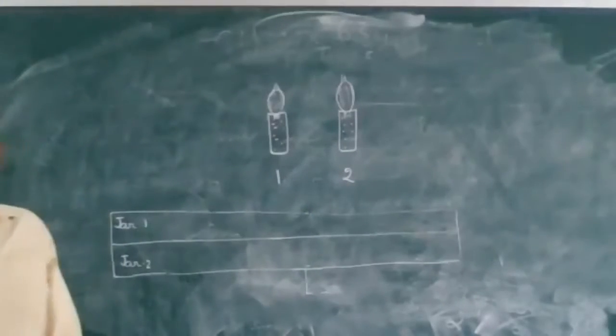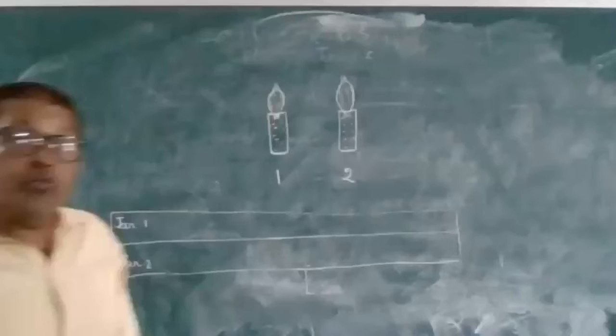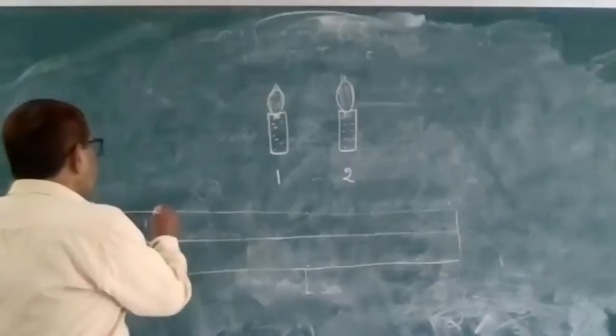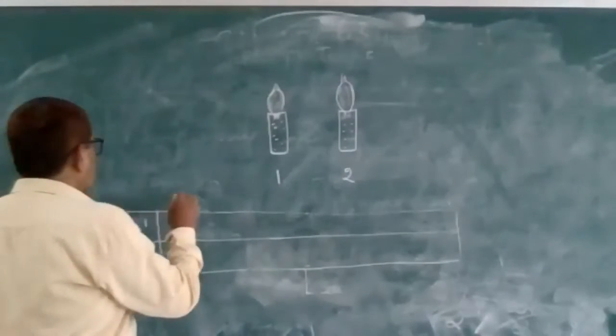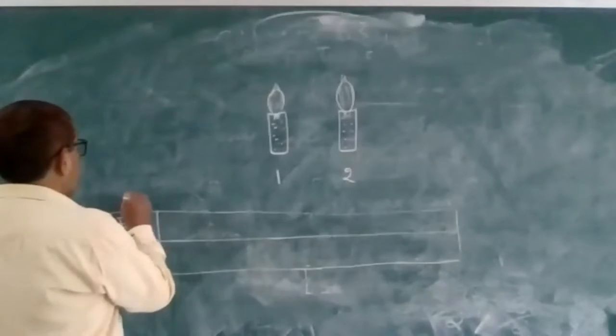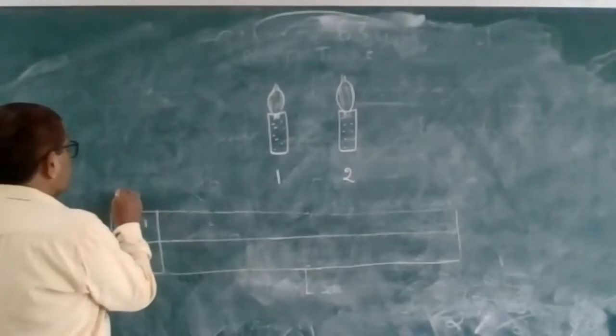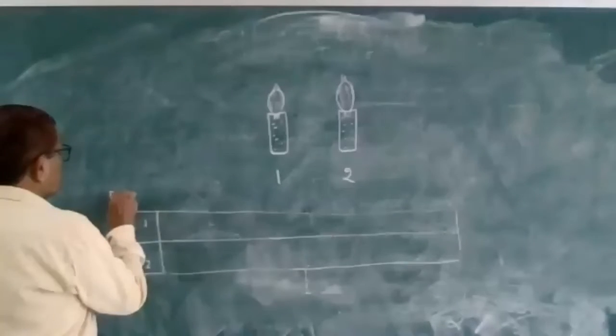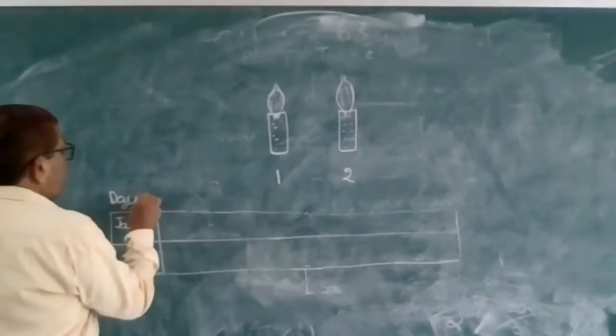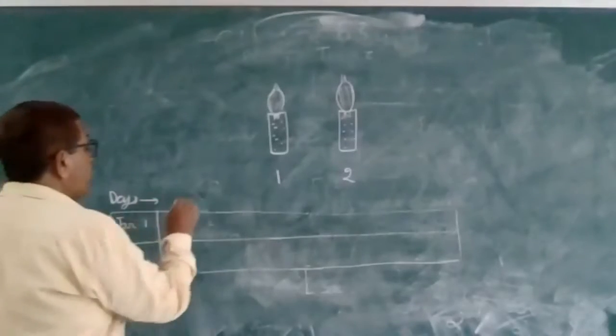And you have to measure the length of the root. Here this is jar A and jar B. And for days, this side you write the days.